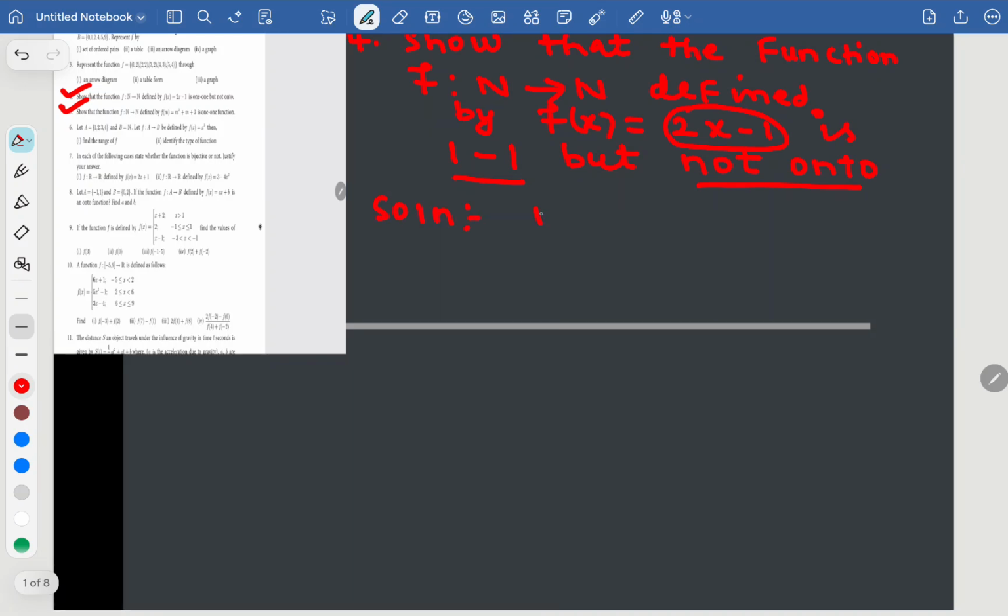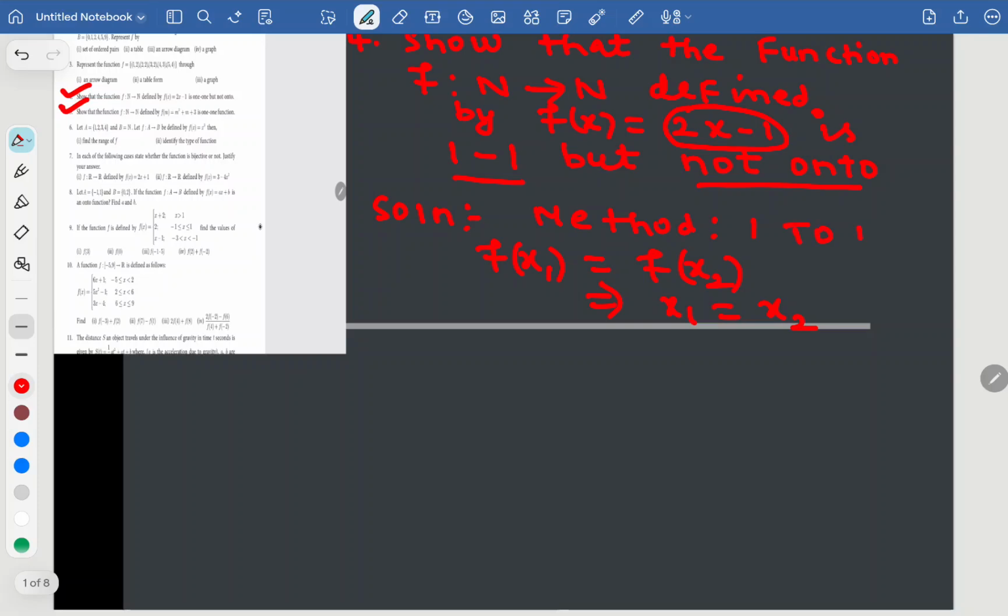Solution. Method 1. For proving one-one, I am going to discuss two methods. To prove mathematically, f of x1 equal to f of x2, which implies x1 equal to x2.